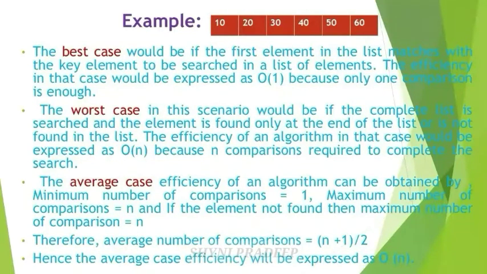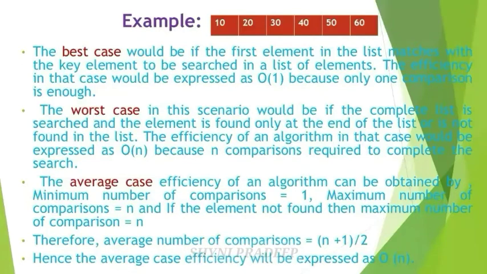Next, what do you mean by average case efficiency? In between best case and worst case, finding the average number of comparisons is called average case efficiency. In this average case, there are average comparisons between the minimum and maximum comparisons. Minimum comparisons means best case, that is order of 1.